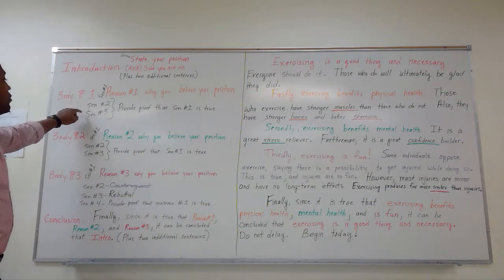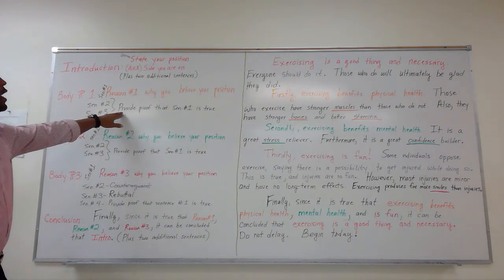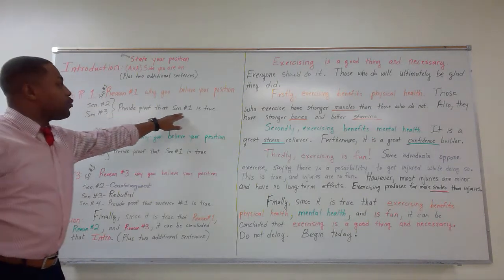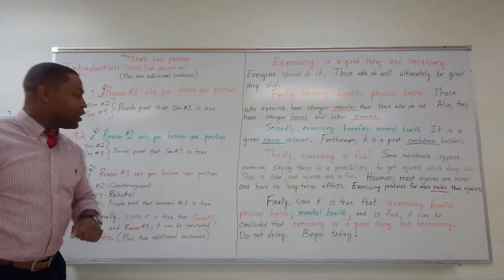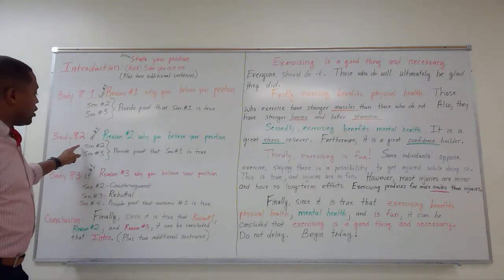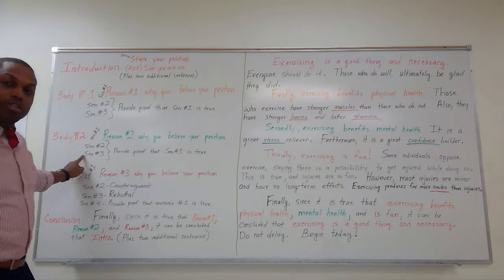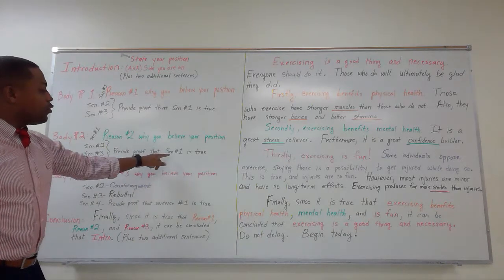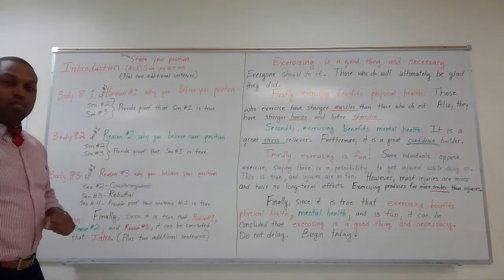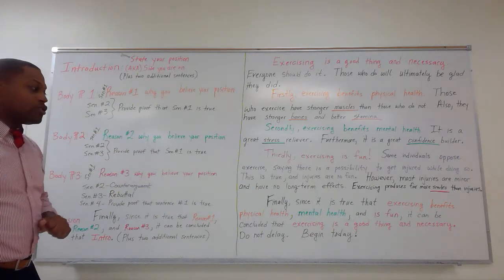Sentence number 2 and 3 in body paragraph 1, their job is to provide proof that sentence number 1 is true. As we go down to body paragraph number 2, sentence number 2 and 3 have the same exact job, and that is to provide proof that sentence number 1 in that paragraph is true.